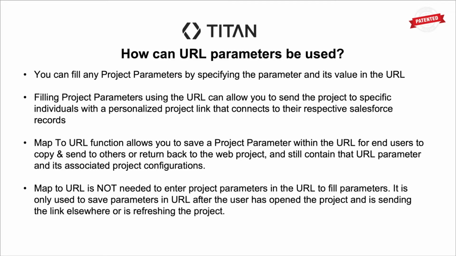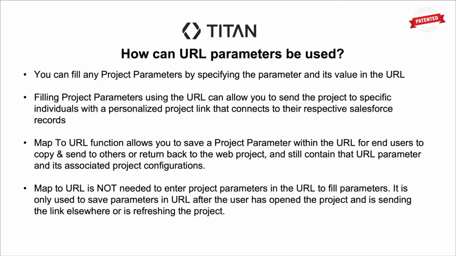This ensures that the project parameter that you selected can be mapped from the end user's URL and sent to somewhere else, or if they are refreshing the screen or something, then the URL will still contain that parameter and can send them back to where they were before.